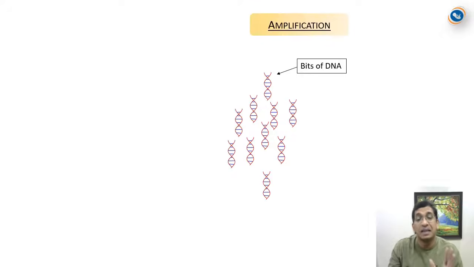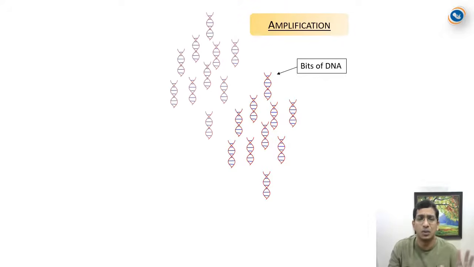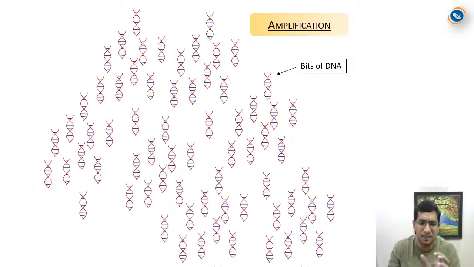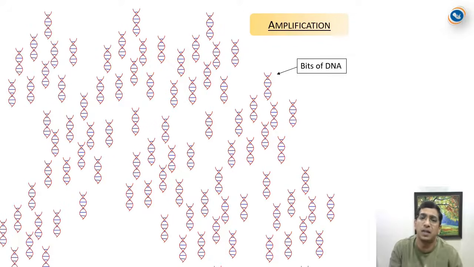So in the first step, it just amplifies all the cell-free DNA. There was a bit of DNA which we sent as a sample, and it is amplified so that you get a lot of DNA, which is basically multiple copies of the bits of DNA in the original sample.